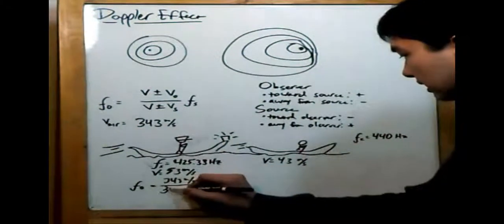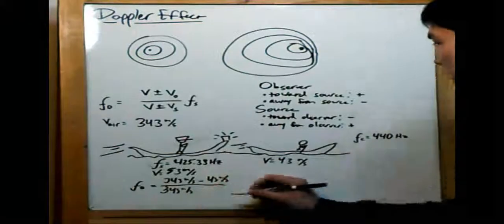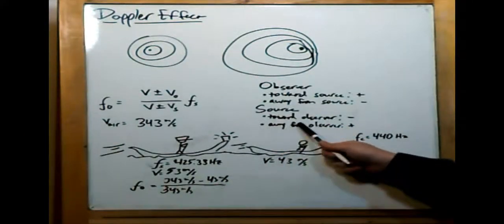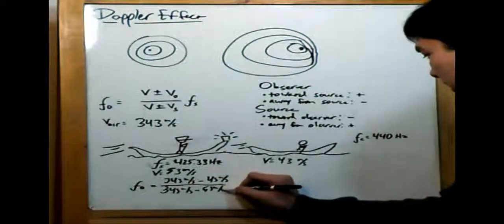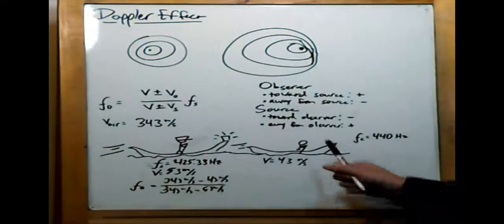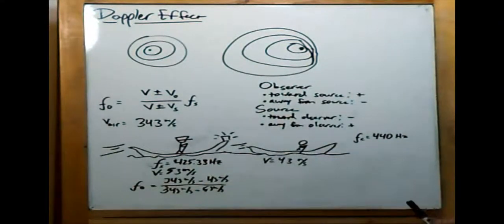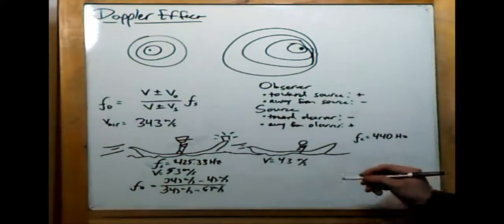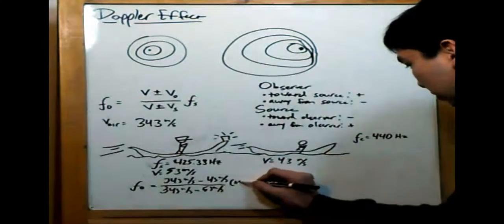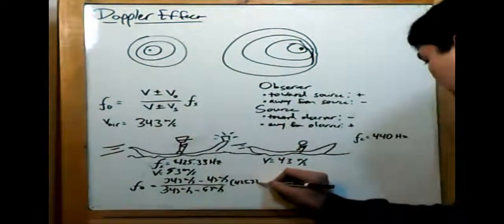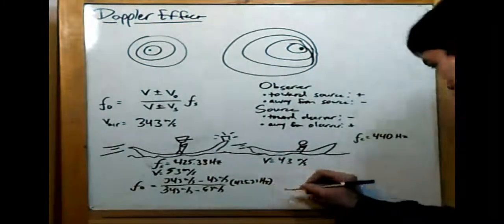On the bottom, we have the exact same speed of sound. And the source is moving toward the observer. So we're going to subtract our 53 meters per second. The observer is getting away, and the source is desperately trying to catch the observer and get his trumpet back. And so we're going to multiply all of this by the emitted frequency, which is going to be 425.33 Hertz, the original frequency of the tuner.